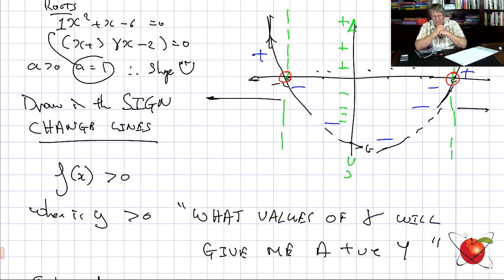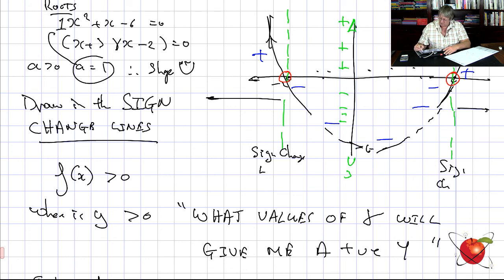I can tell you straight away I can't have them because it must be greater than, cannot be equal to. So therefore my roots as x values are not allowed to be that value to make this thing true. Then I look and I find my sign change. These green lines here are my sign change there and my sign change over there as well. You're going to see we're going to get into some of them. We've got 3 or 4 sign changes as we move through.